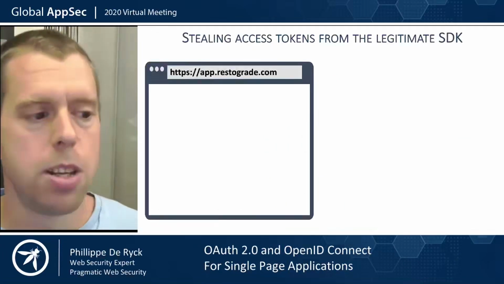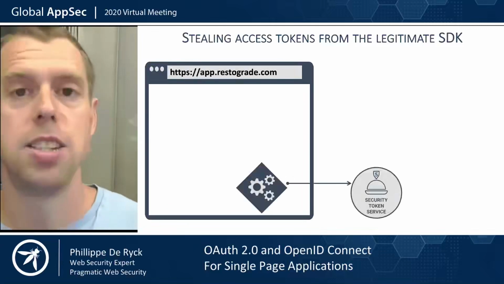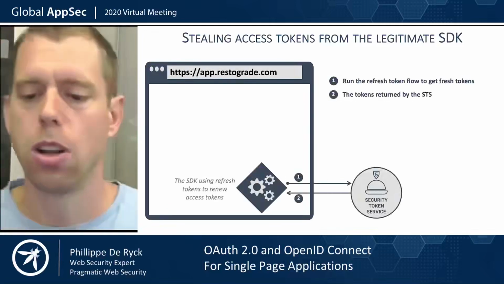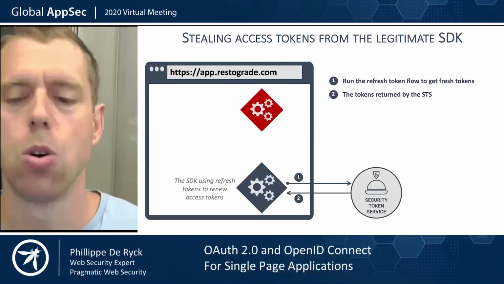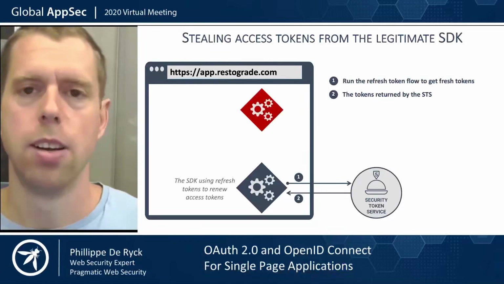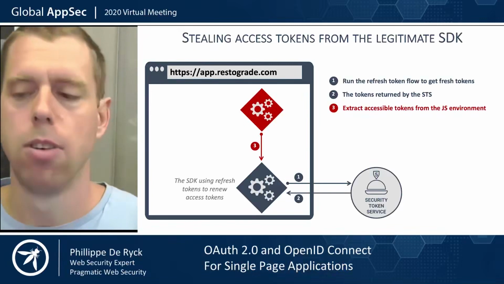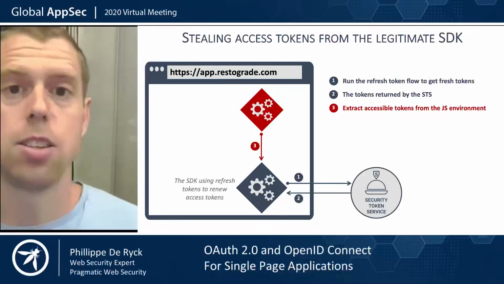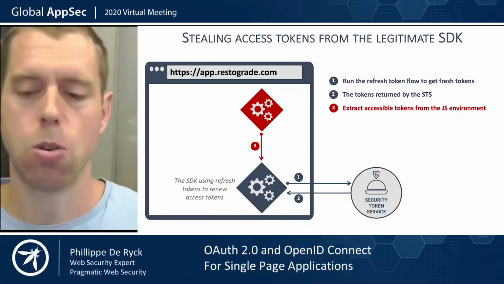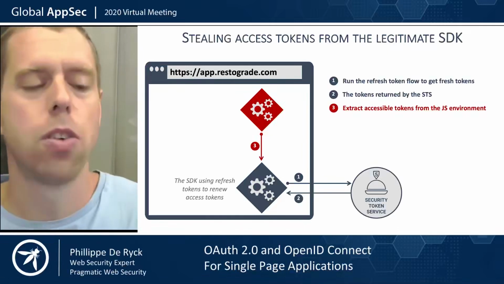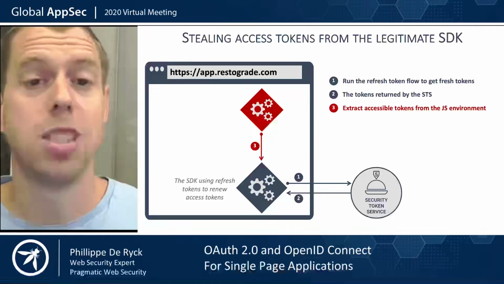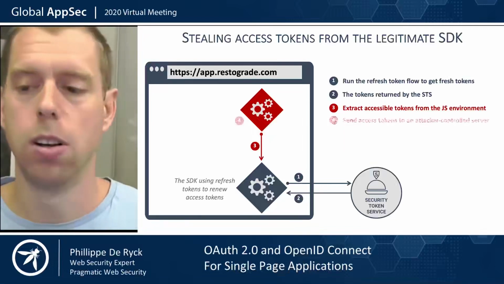How does this work? Very similar setup. We have our application with an SDK running a flow with a security token service, and the attacker code will be monitoring that flow again. So whatever tokens it can access, it will extract them and send them off to the attacker server. In this case, it's only an access token, no refresh token. There's some trick to hide the refresh token, but not the access token, because the application actually needs that token.